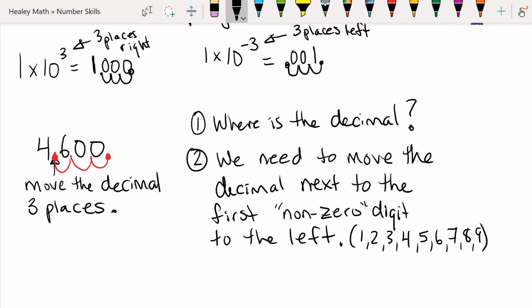And we can rewrite this number as 4.6 times 10 to the 3, because we moved 3 places. And there's our answer. To double check, we rewrite our answer. We know we're going to move the decimal 1, 2, 3 places to the right. And that's the number we started with.